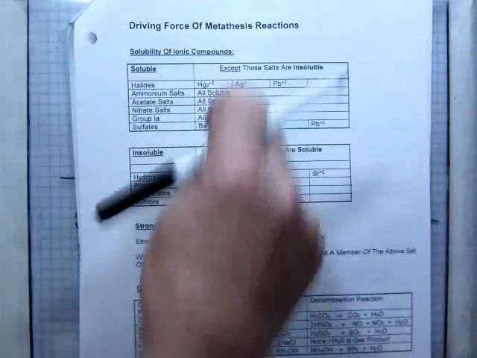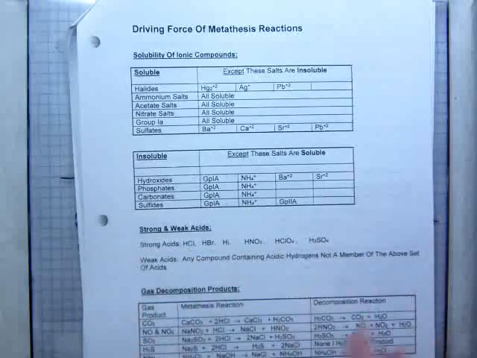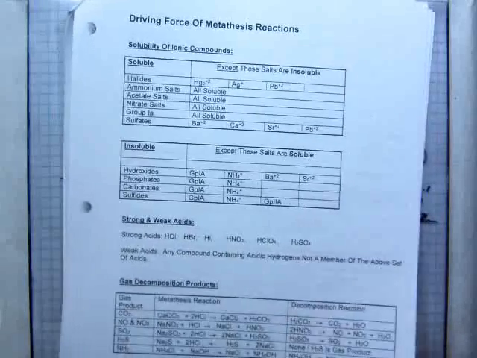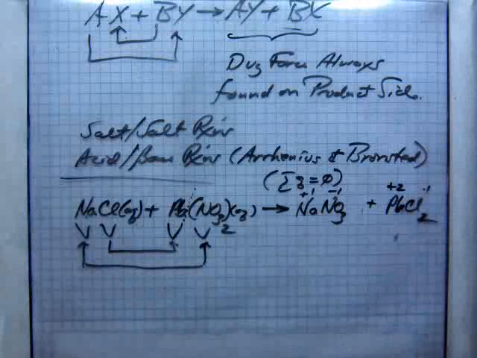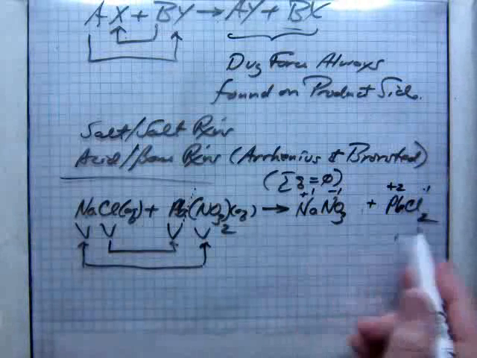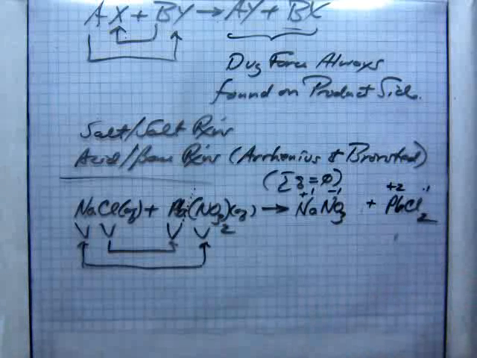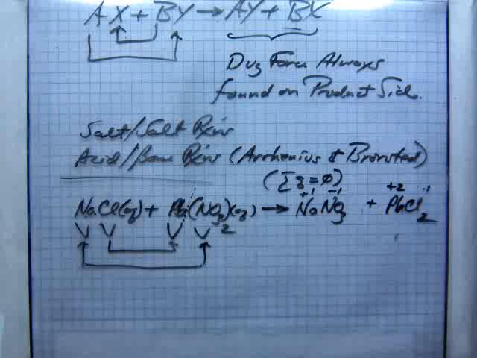One is a solid precipitant, the one in the middle is a weak electrolyte, and the third is a gas decomposition, which comes from acid-base reactions. So which one of these two is an insoluble is what the question is. And if it is insoluble, then you say, okay, that is the driving force and pulls the reaction to completion.